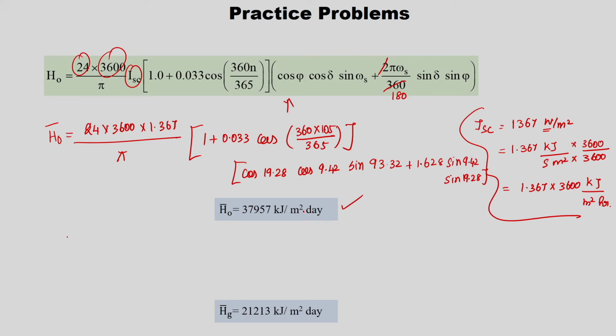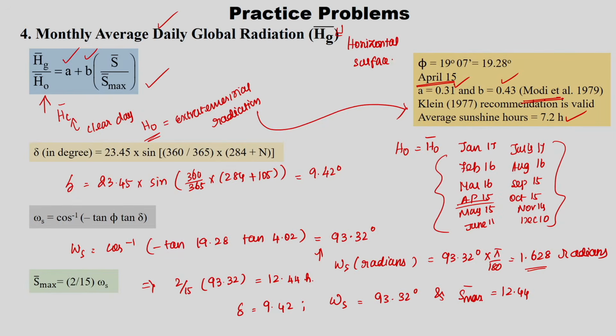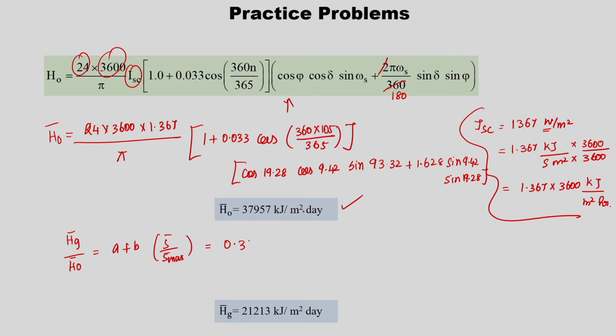Then we have a formula, which is nothing but Hg upon H naught bar equals A plus B times S bar upon S max bar. This A and B we already have, 0.31 and 0.43, and S bar upon S max bar is 7.2 upon 12.44.